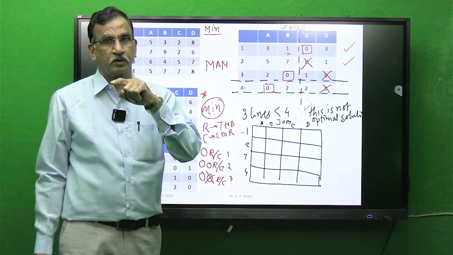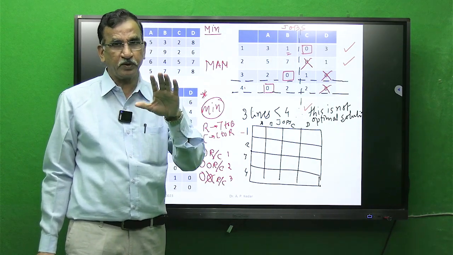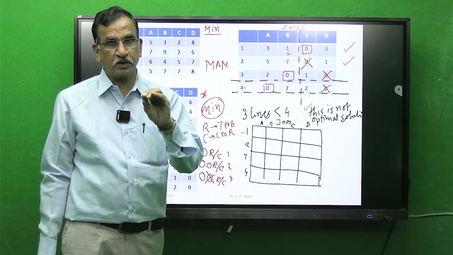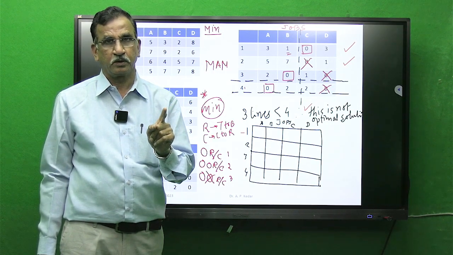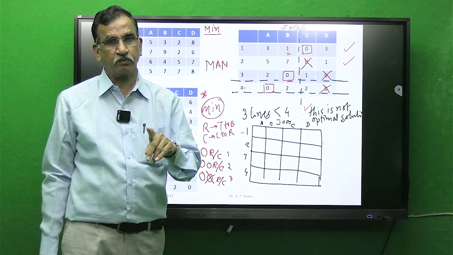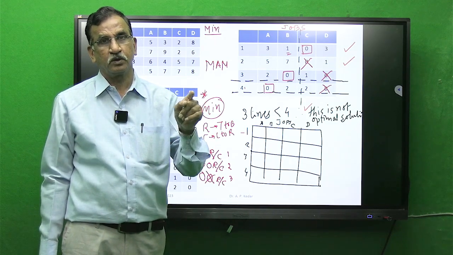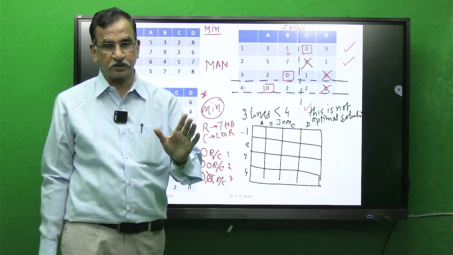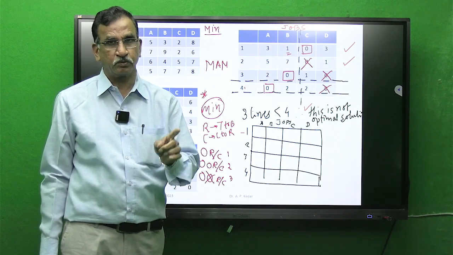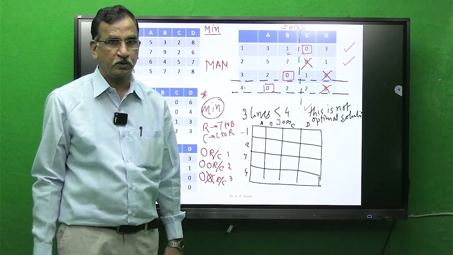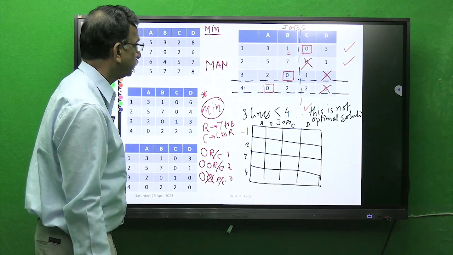In a simple way: in the cell where the line does not pass, you have to subtract. In the cell where the line passes once, keep the value as it is. In the cell where the line passes twice, add that minimum value. So now we will execute that over here.